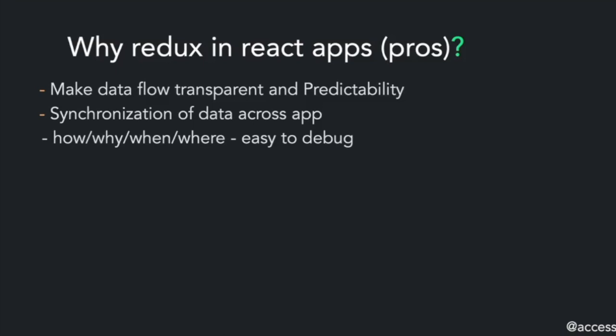The second point, which Salman also mentioned, is synchronization of data across the app. Usually there is one piece of data used in multiple places, multiple pages or multiple components. When that piece of data changes, all those components should be re-rendered with the new data.